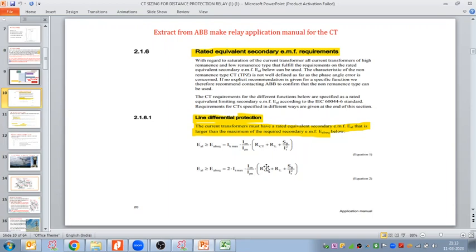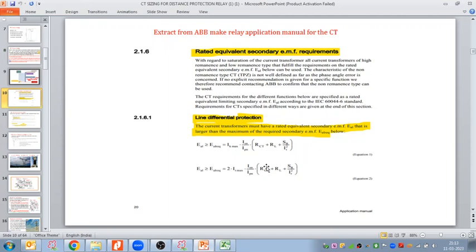Even within a single company, suppose you are using an ABB make relay, if you change the ABB relay model, say you are using RED670, REL670, or REB500 relay for bus bar protection, then within a single manufacturer different relay models have different CT knee point voltage requirements.